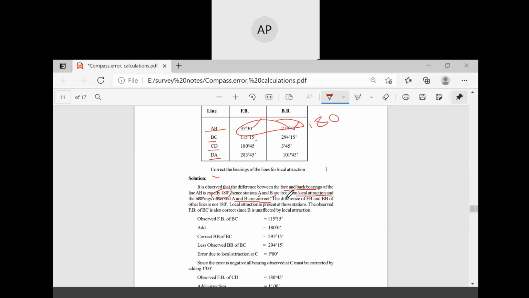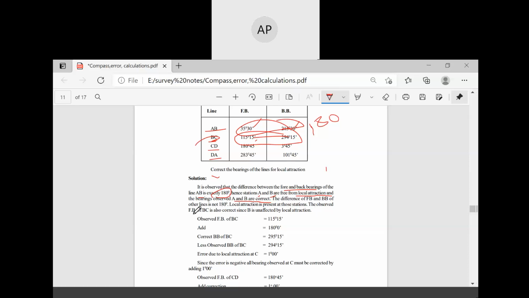And suppose in line BC you get a difference a little bit different from 180 degree, then there may be some local attraction. The difference of forward bearing and back bearing of the line is not 180 degree, so local attraction is present at those stations.